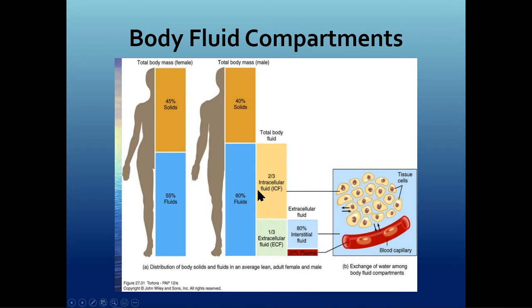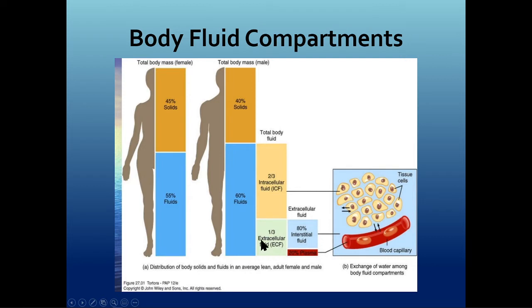So remember, intracellular fluid is the fluid that's inside of your cell, the stuff that's making up the cytoplasm. That makes up about 2/3 of it. That's where we find most of it. But about 1/3 of it is outside of the cell in this extracellular environment.